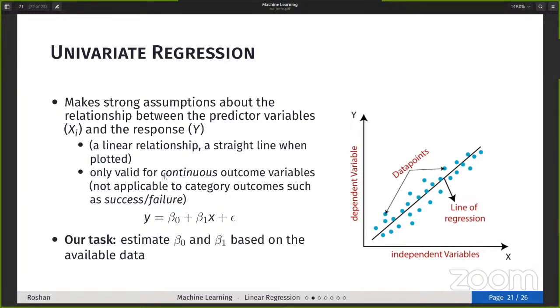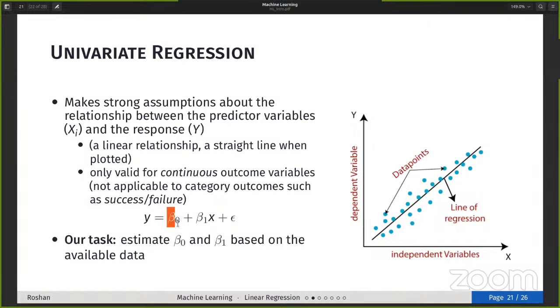And y again should be continuous, not discrete, not like success or failure. It should be some continuous outcome. This is the straight line equation. I have beta 1, this is my slope, which determines the angle this line makes with the x-axis, and beta naught is where it intercepts this particular axis.